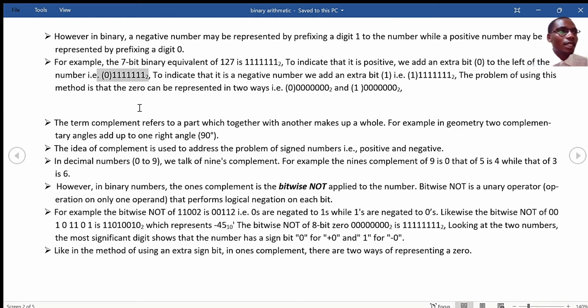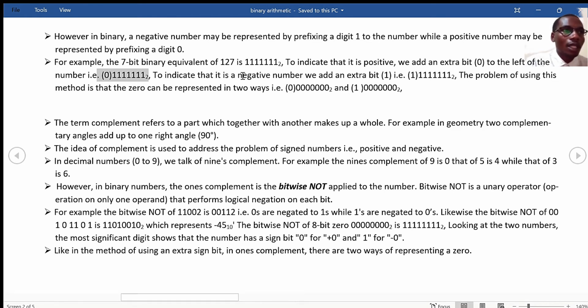To indicate it, I just prefix it with 0. Before the number, I put the 0, the way it is shown there. That is to show that the binary number is positive. That is one way of representing signed binary numbers, to show that they are positive or negative.